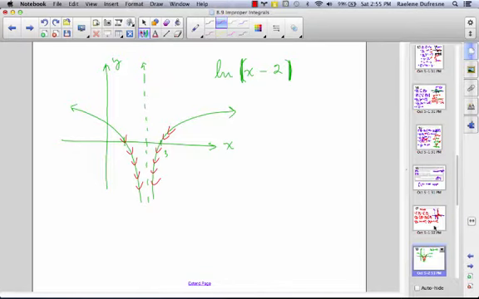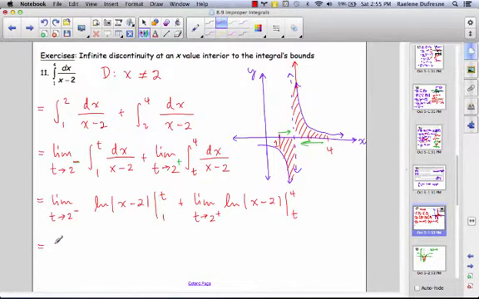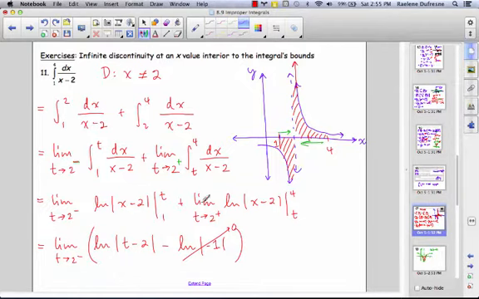So we will expand this: the limit as t approaches 2 from the left of ln of absolute value of t minus 2, minus ln of absolute value of 1 minus 2. 1 minus 2 is negative 1, the absolute value of negative 1 is 1, and the ln of 1 is 0. And I'm just going to write the second limit in blue to make it easier to see.